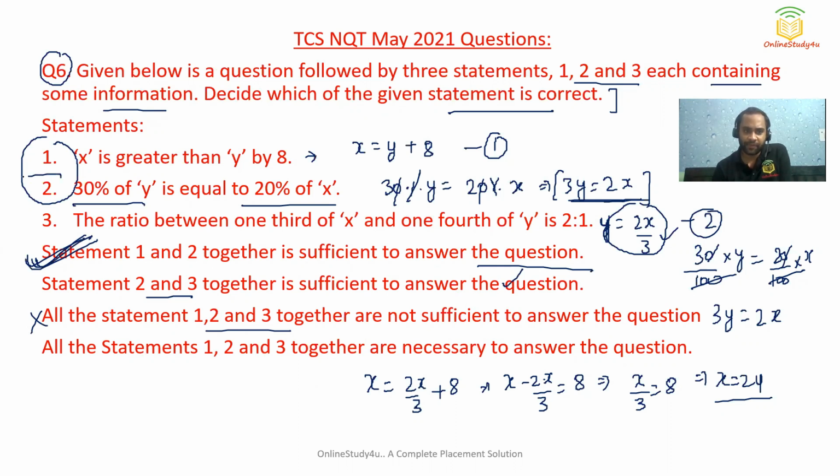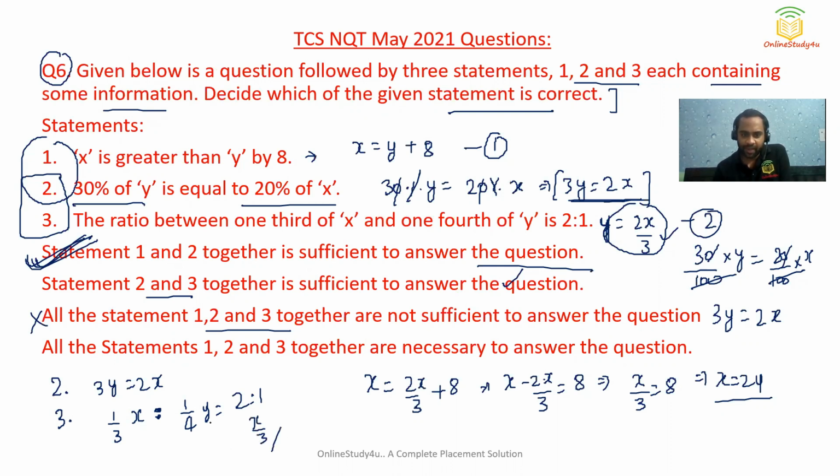Now, if you want to check 2 and 3: from 2, I know 3y is equal to 2x. And for the third one, the ratio between 1/3 of x and 1/4 of y is equal to 2:1. So we have to simplify: (x by 3) divided by (y by 4) is equal to 2 by 1.